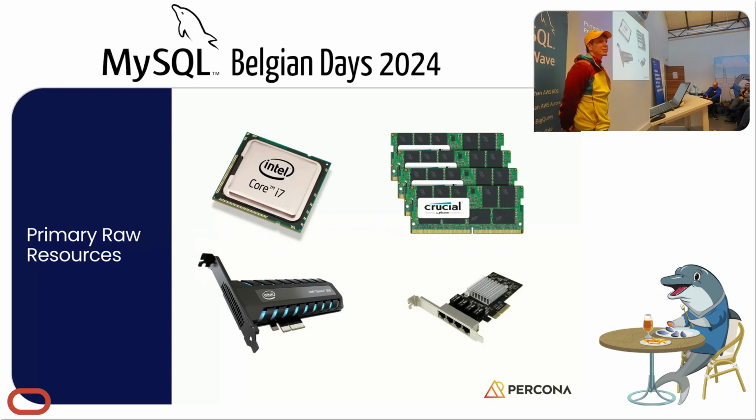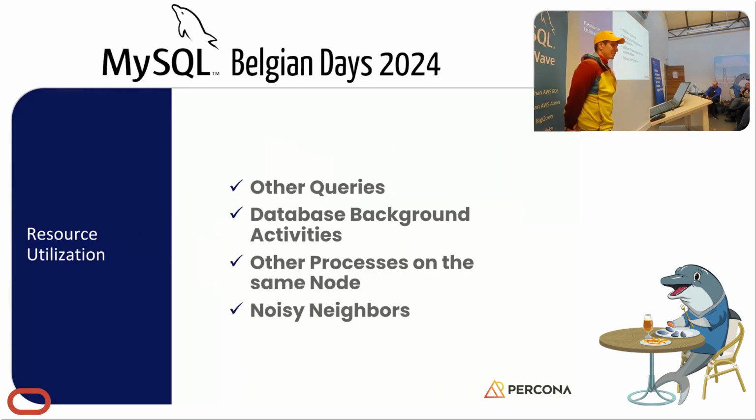And these are the four resources which are most important to look at if you're looking at the database: obviously CPU usage, memory, storage and network. Typically, it all comes down to those hardware things.